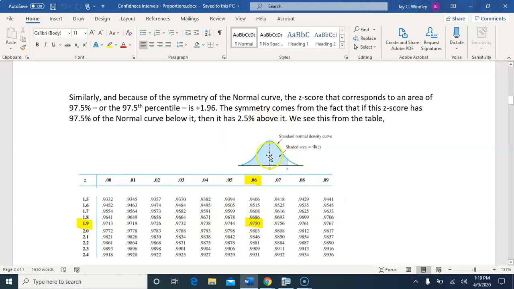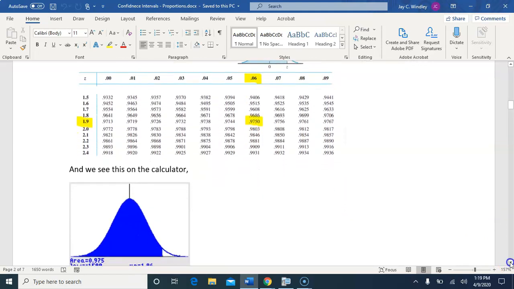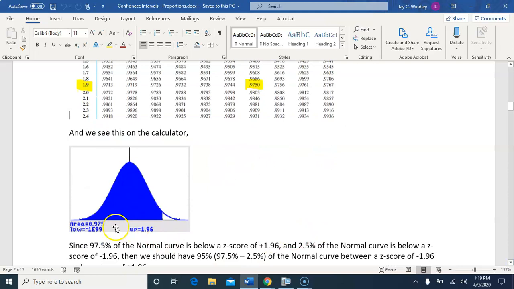So if this section here is 97.5%, this little tail here is 2.5%. That's symmetrically the same as what we had in the other tail, except instead of negative 1.96, it's positive 1.96. And here's an illustration of that on the calculator. From negative infinity to positive 1.96 is 97.5% of the normal distribution.